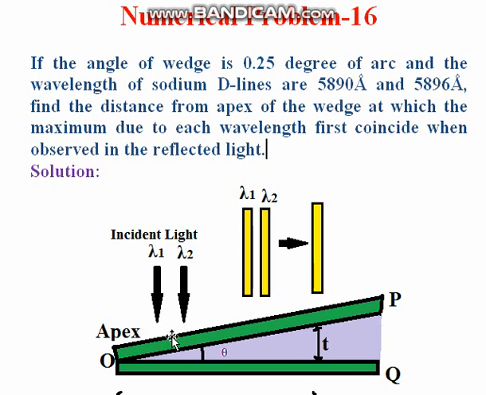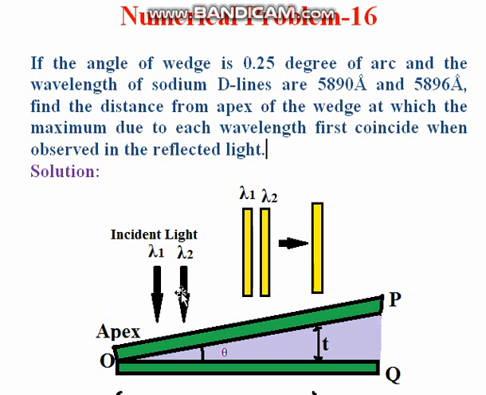There is one pattern for lambda 1, another pattern for lambda 2, and they will overlap each other. So at some places some order of fringes will be overlapped on another order of the fringes due to the other wavelength. Such overlapping may be possible in such a case.